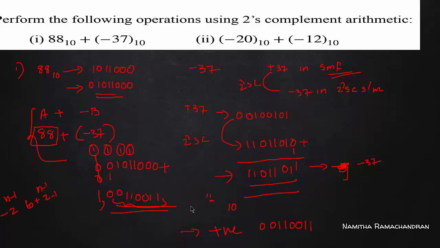We know that for a 2's complement representation, the range of values is minus 2 to the power n minus 1 to positive 2 to the power n minus 1 minus 1. This is the range of values possible with n bits in 2's complement form.